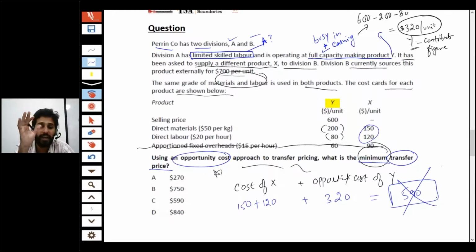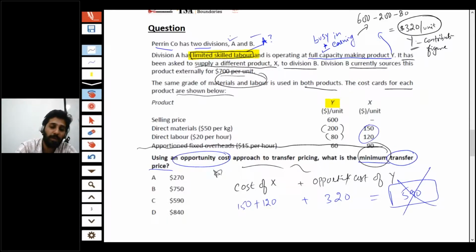Now observe and listen very carefully. Assuming that this information is not given, then this answer is right. But the question is stating limited skilled labor.